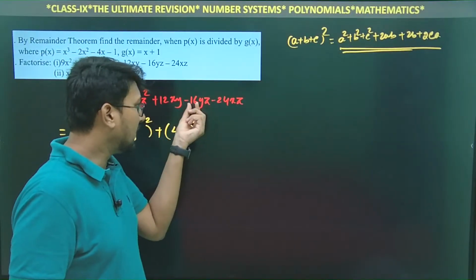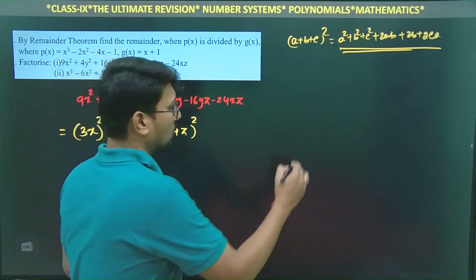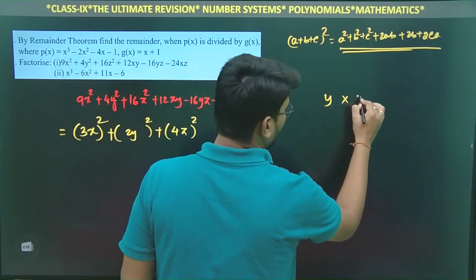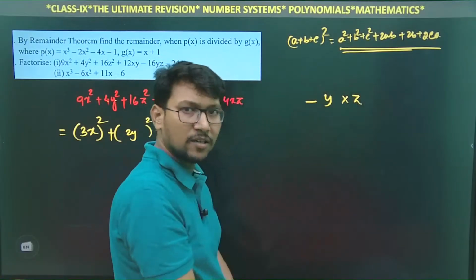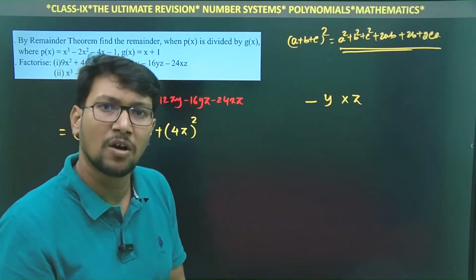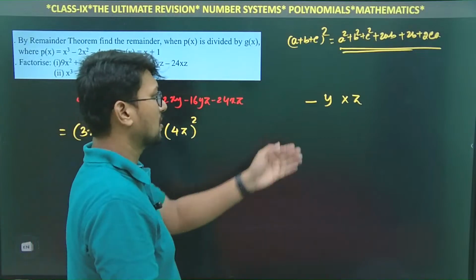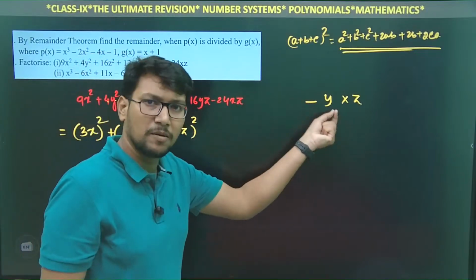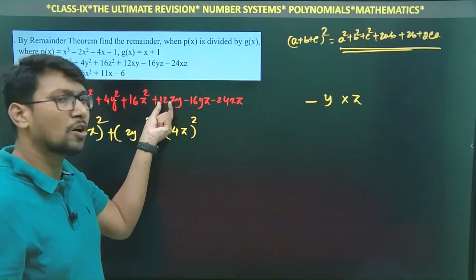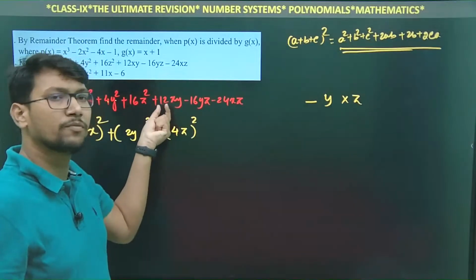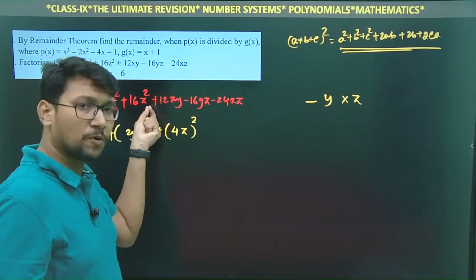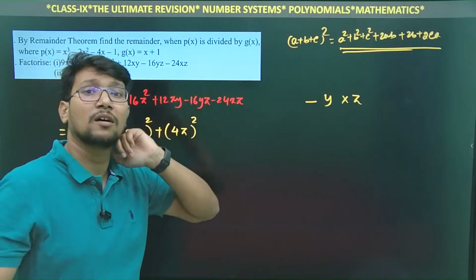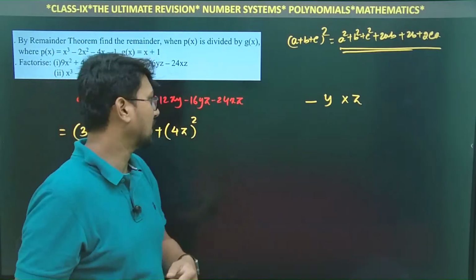Here y into z is minus, so either y is minus or z is minus. But children, if y would be minus, then this term must be negative. Since this term is positive, y is not negative. Now check karo z.